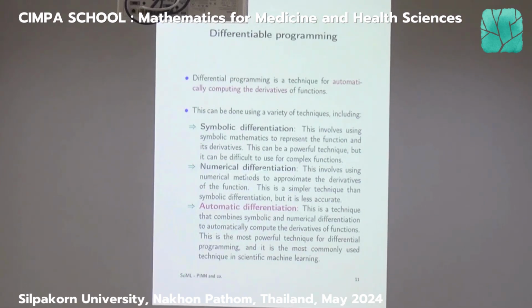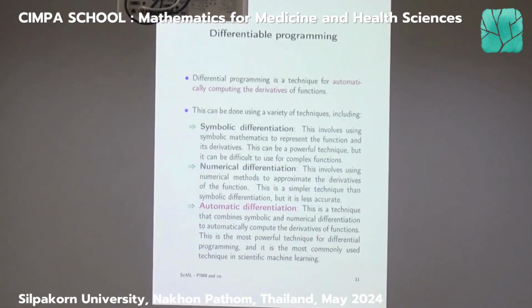So automatic differentiation is a technique that in fact combines symbolic and numerical differentiation, and it automatically computes the derivatives of functions. It's a very, very powerful technique, and it's the most commonly used technique in scientific machine learning. Scientific machine learning is largely based on the capability to do automatic differentiation.